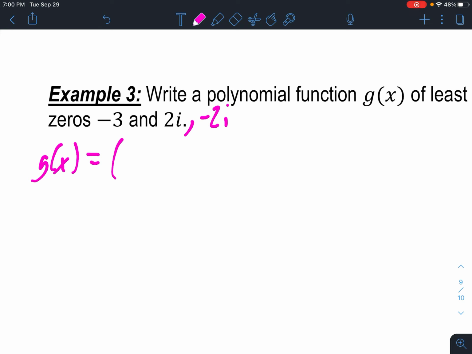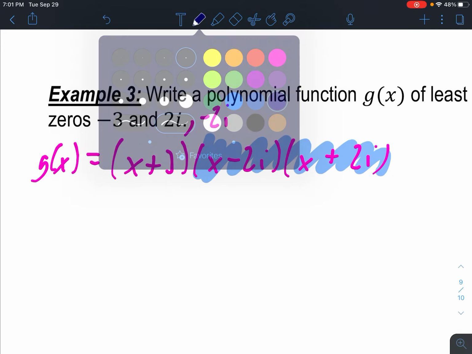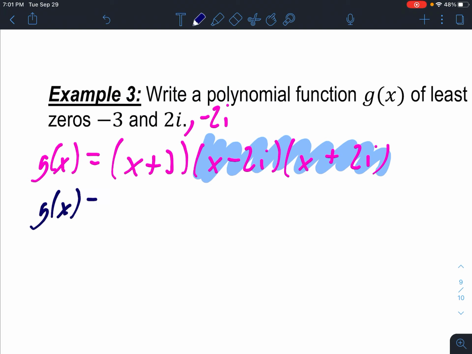like so. g of x equals x plus 3, x minus 2i, and x minus negative 2i, which we can just write as x plus 2i. Always start by multiplying together your conjugate pairs first. So now g of x equals x plus 3 times x squared plus 4.